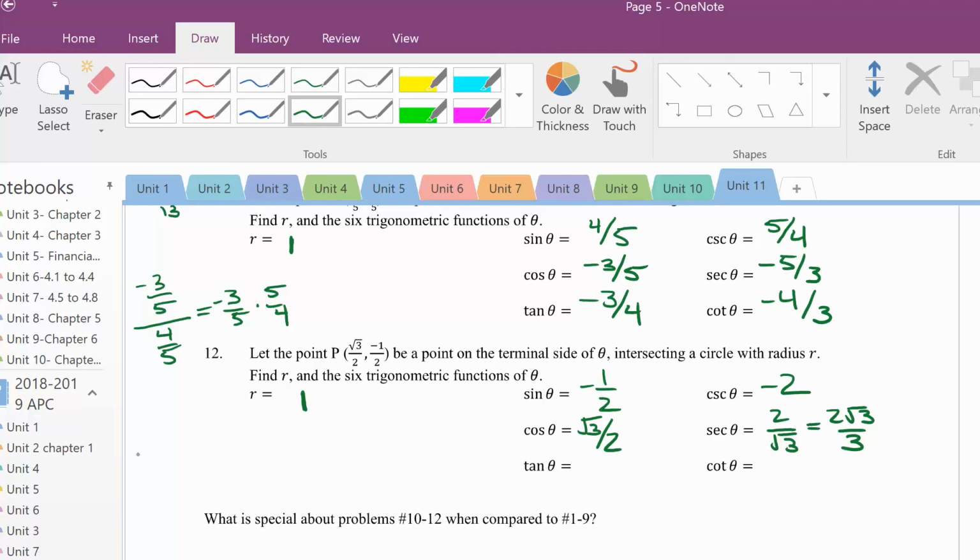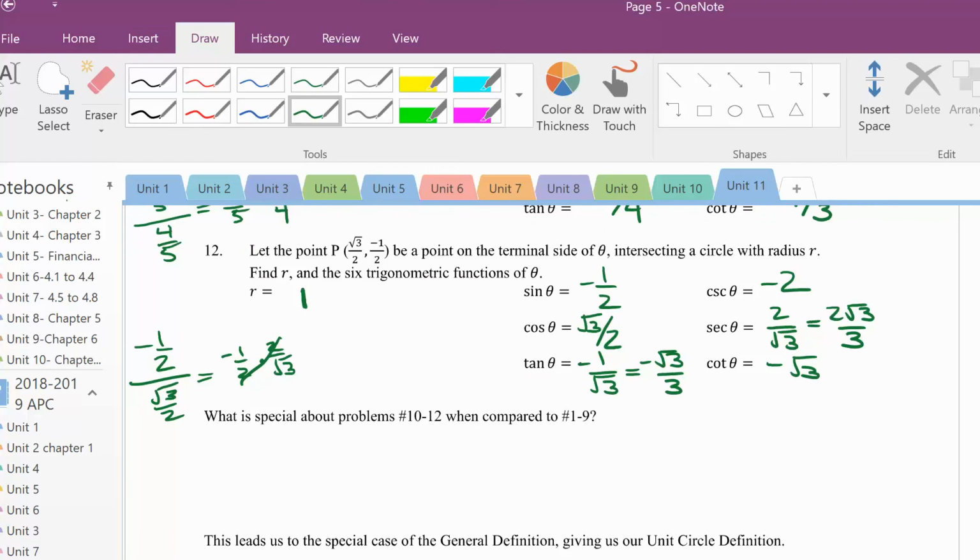The tangent, -1/2 divided by rad3 over 2 equals -1/2 times 2 over rad3. So it's -1 over rad3, which is equal to -rad3 over 3. The reciprocal of this is just -rad3.